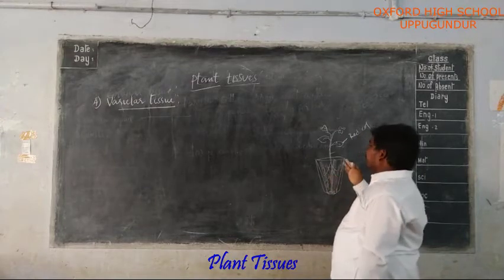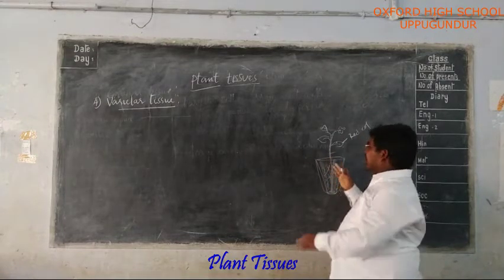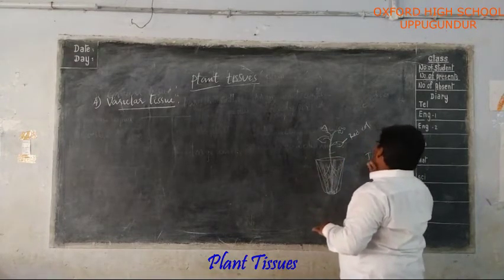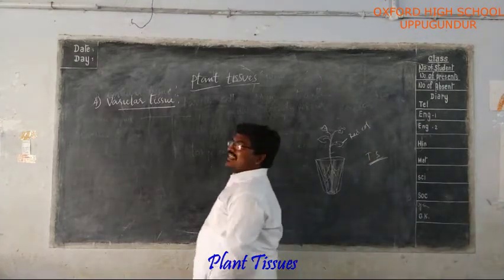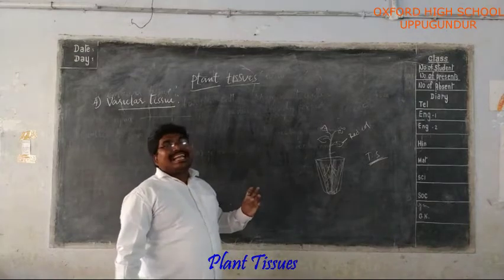By taking this plant and cutting the stem portion, observe the TS, transverse section of the stem. You may notice that some of the cells are red in color.